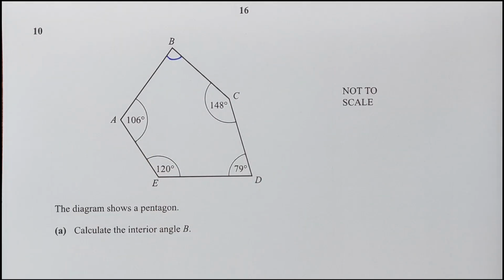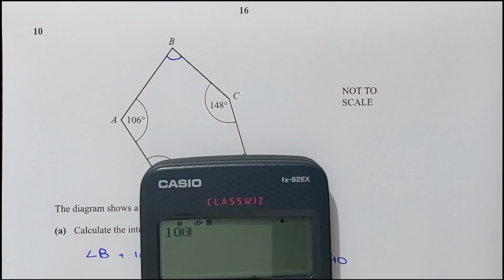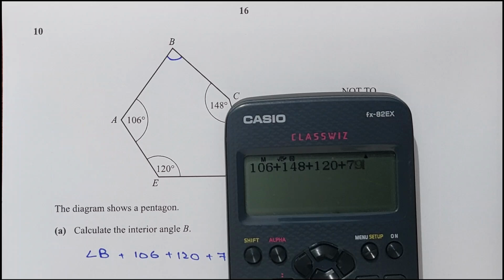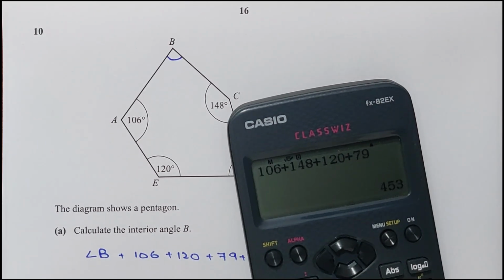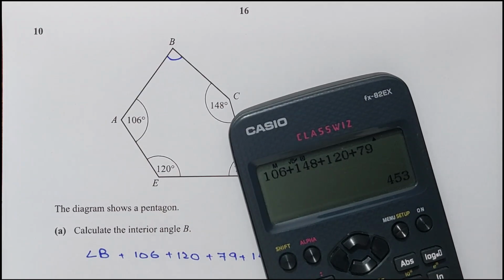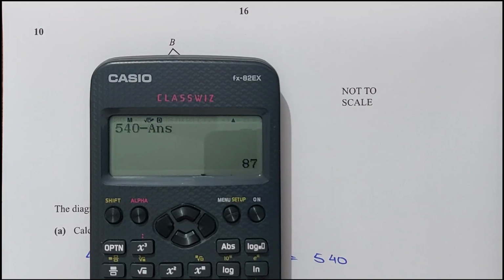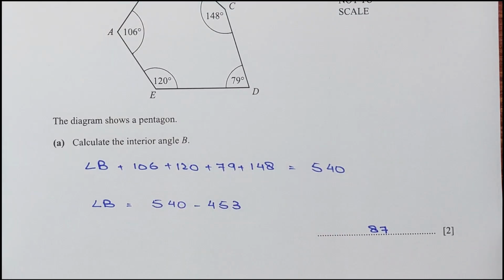So when we have five angles, angle B plus 106 plus 120 plus 79 plus 148 equals 540. Simplify 106, 148, 120 and 79. So angle B equals 540 take away 453. 540 subtract the answer, this is 87. So interior angle B is 87 degrees.